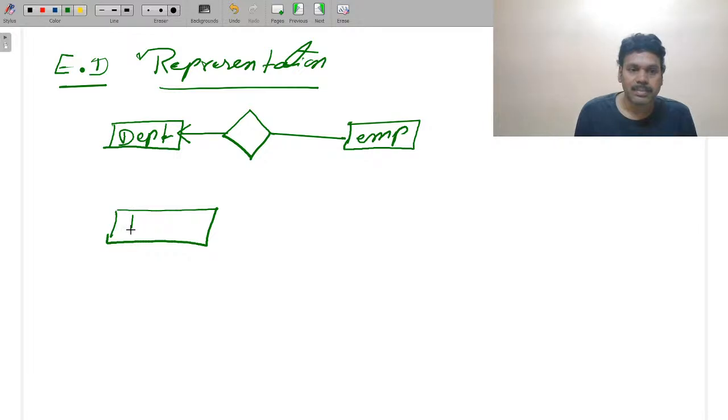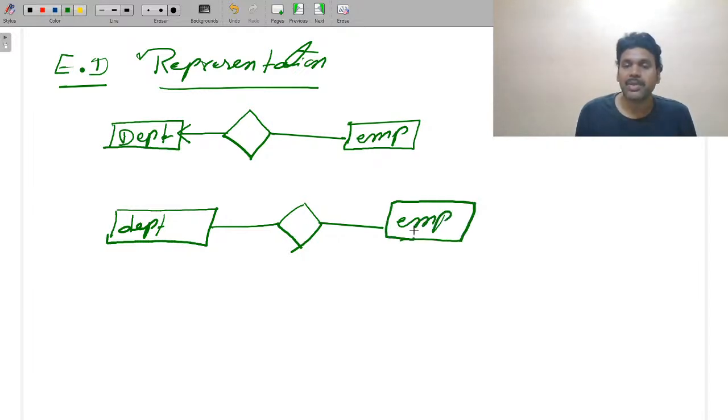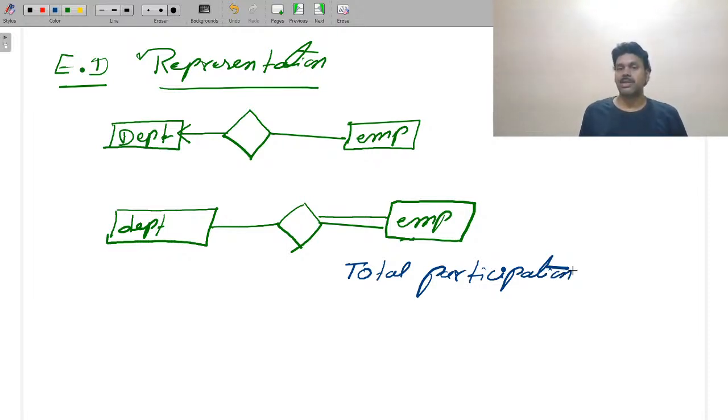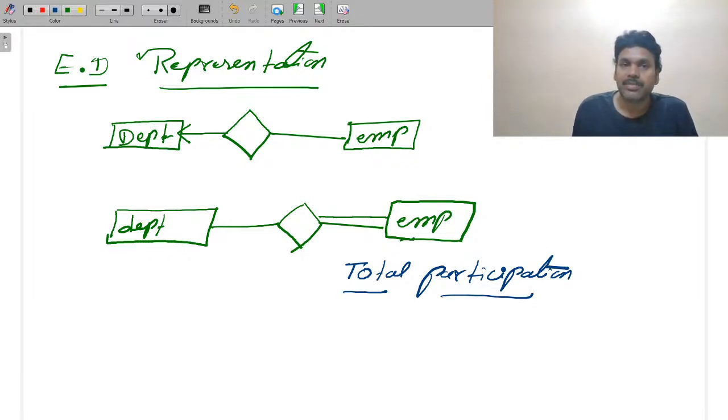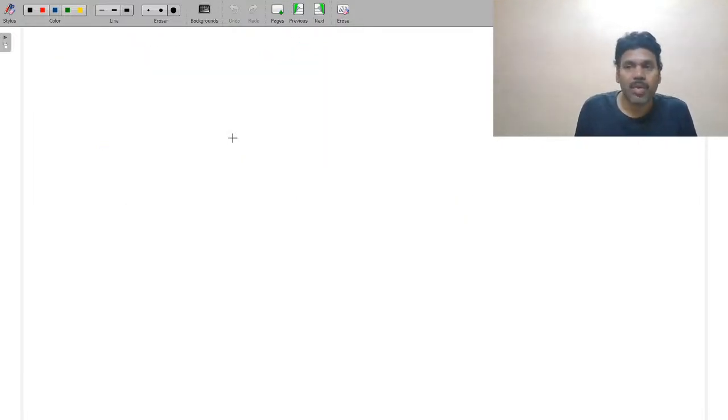Another one: this is a department, this is employee. Without a department, employees cannot work. That's the meaning. So I can use a double line like this. This is called total participation, which is also very similar to existence dependency. So you can use this kind of terminology, or you may use total participation. So we learned about existence dependency. I will also give you one more important thing.